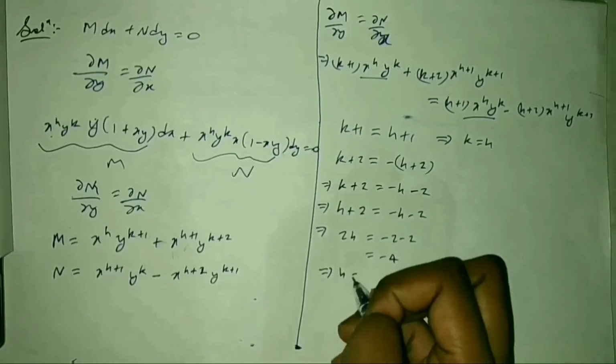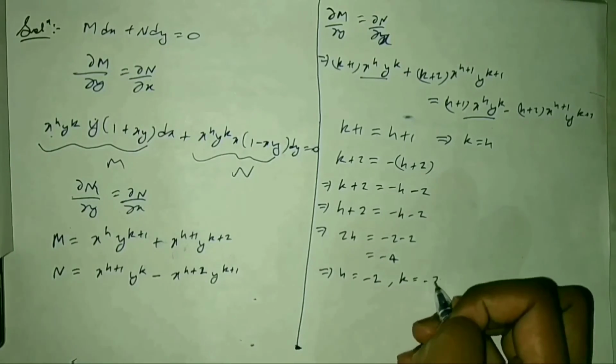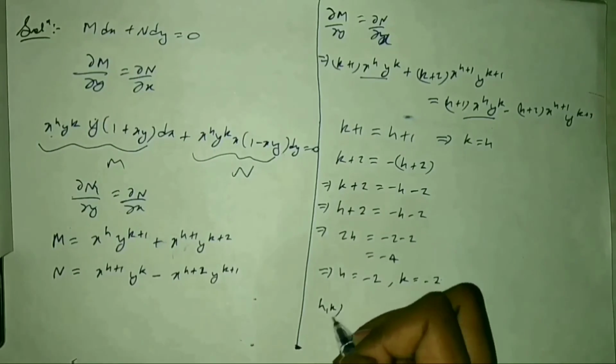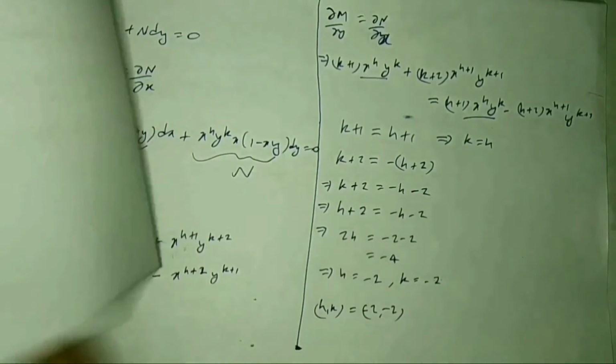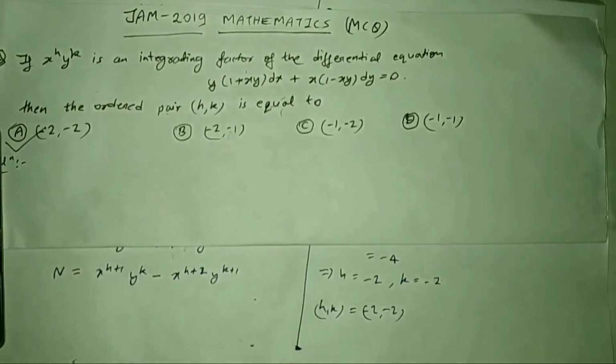This implies h = -2, and k = -2. Hence we get the ordered pair (h, k) = (-2, -2). So clearly option A is correct. Hope this will help you. Thank you.